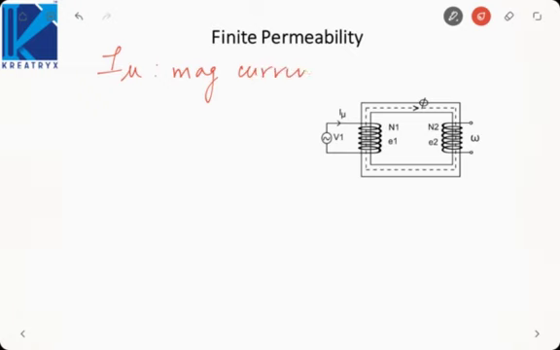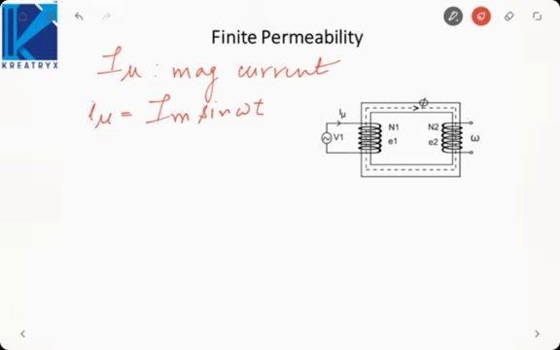Magnetizing current means the current required to create the magnetic field or the magnetic flux inside the core. That is represented by I mu. Now usually we apply a sinusoidal source, so I will say I mu is Im sin omega t.